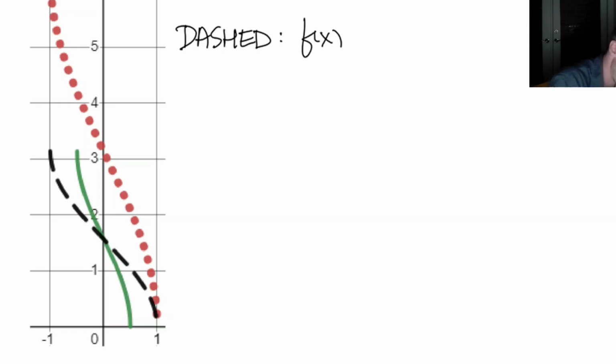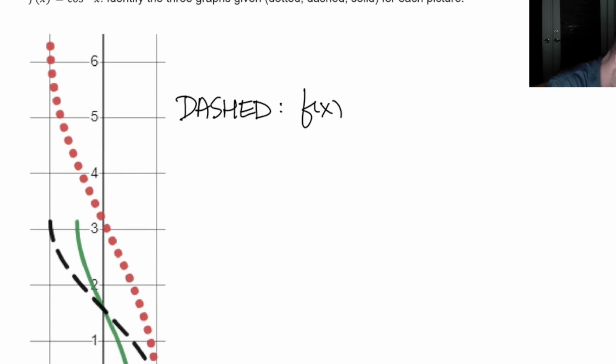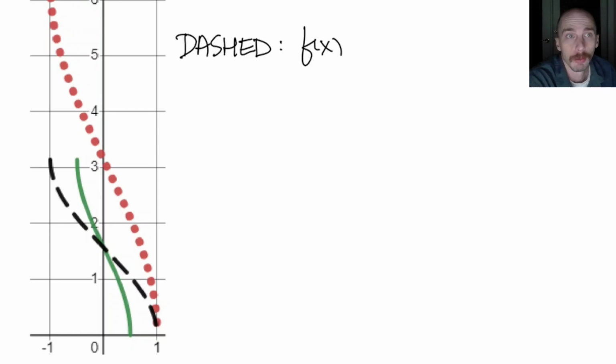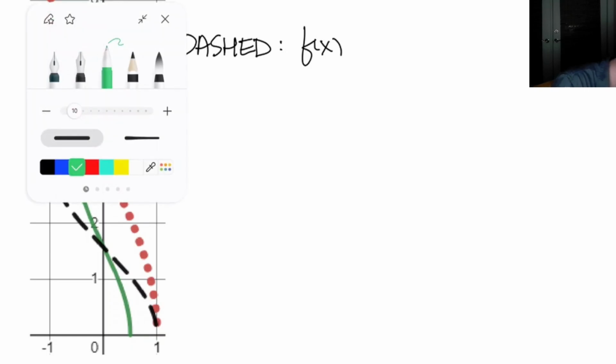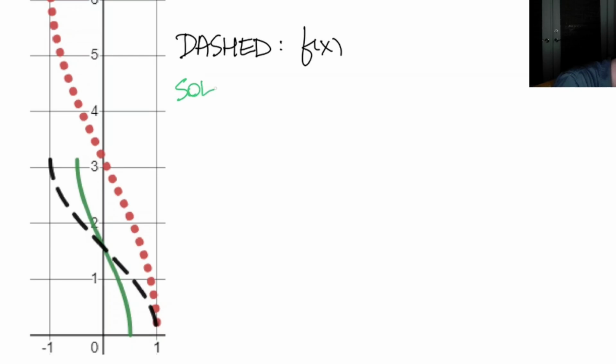And I know that it's either arc sine or arc cosine. I know it's going to be arc cosine, right? I just did the one that was arc sine. This is a different graph, so it must be the different function. But I'll give you a better reason after that. Okay. Solid, which was green, was the horizontal dilation by a factor of 2. And then dotted, that's going to be 2f of x.